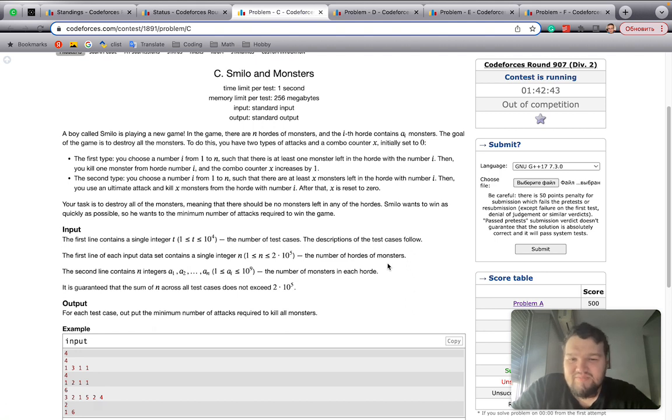The second type: use the combo counter. We choose an array so that there are at least x monsters, then use an ultimate attack and kill x monsters from that horde. After that, x is reset to 0. Okay, makes sense.